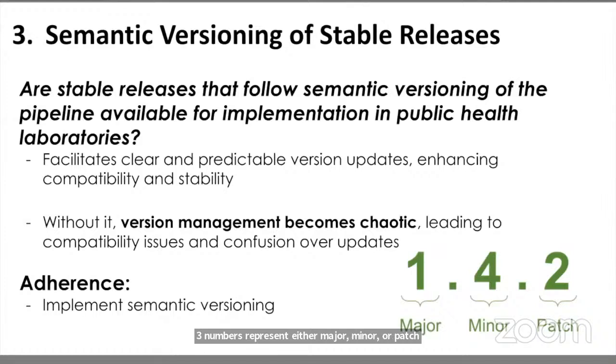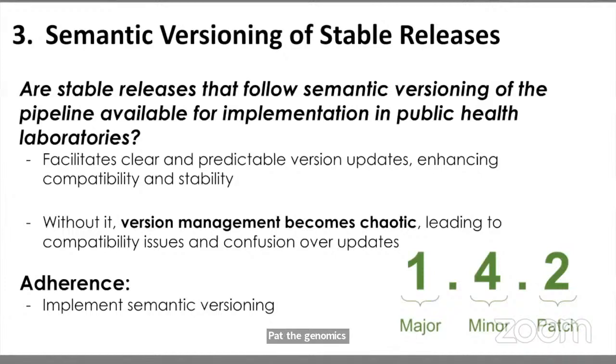And use of semantic versioning is so wildly helpful as it ensures clarity and predictability in version updates, all of which helps to facilitate the maintenance of stable, compatible, and reliable tools critical for accurate and timely pathogen genomics.